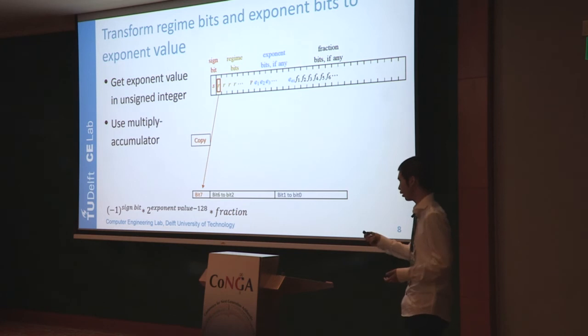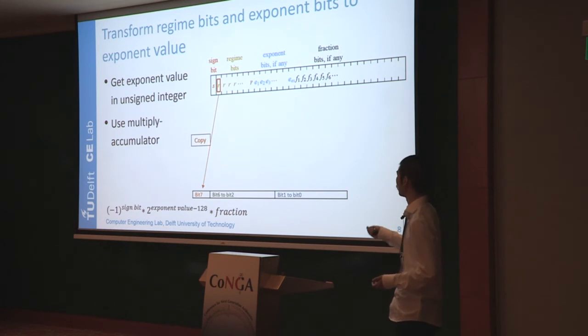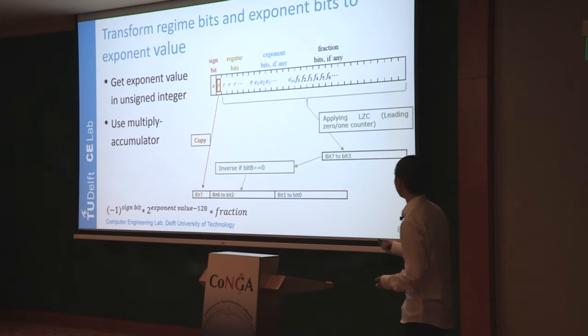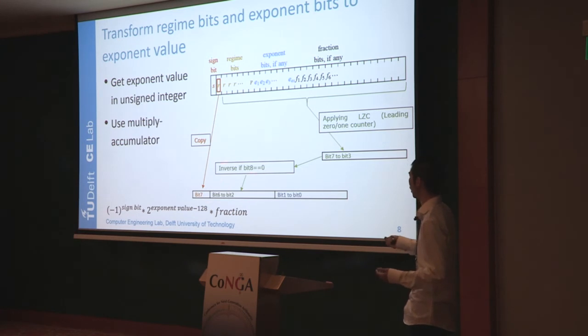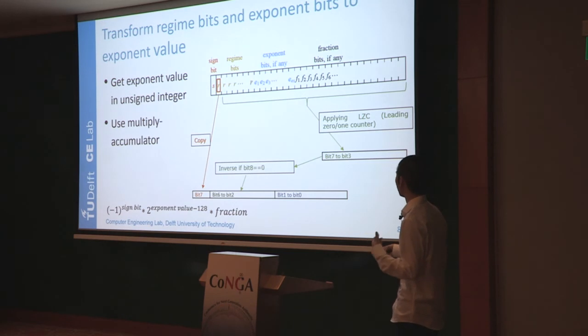First, I just copy the first bit of the regime bits to bit 7, and then I apply a leading zero counter to the posit number. If bit 7 is equal to 0, it will invert the result and put it here.